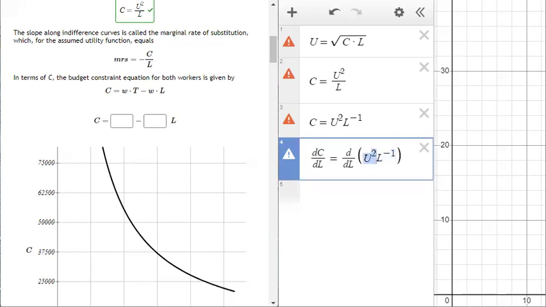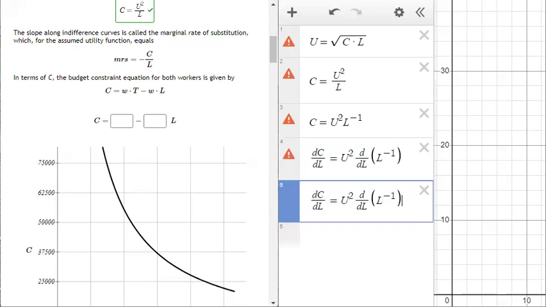But that has no effect on this part, right? So U squared is a constant. So what you want to do here is factor out the constants, right? And U squared is constant. It's going to stay the same by assumption, no matter how much we change L. So I'm going to move it outside.